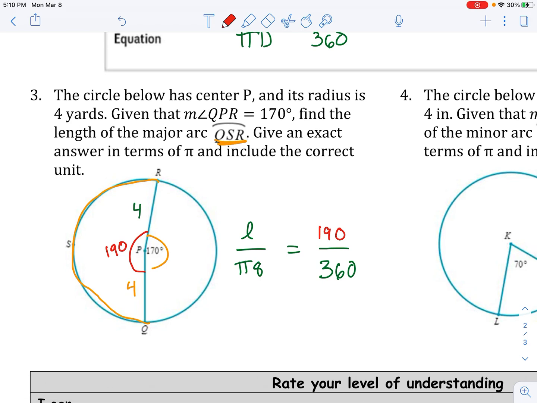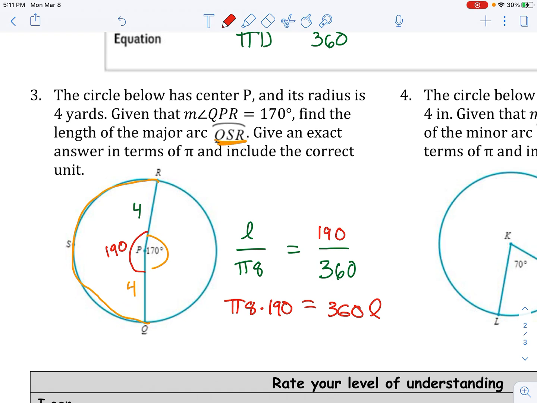Then all I need to do is cross multiply, and I should be able to solve for this L that you can see right there. So if I cross multiply, I'll get pi times 8 times 190 equals 360 times L. So now I need to pull out my calculator.